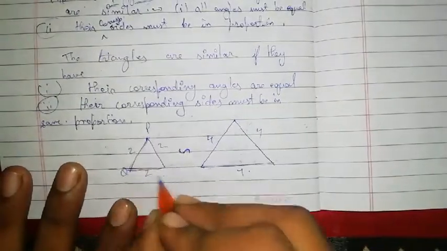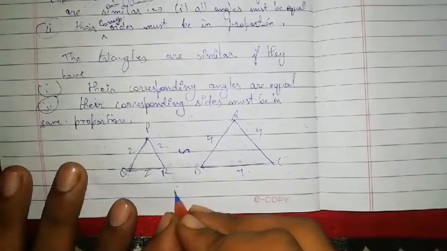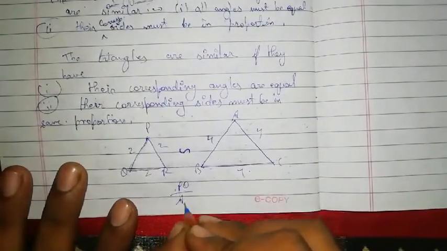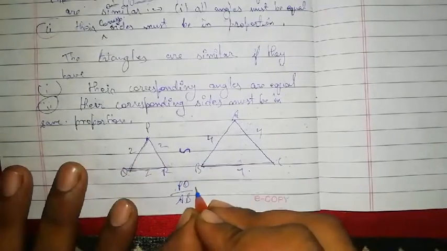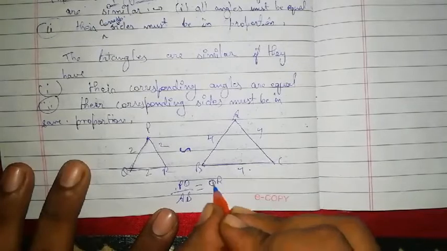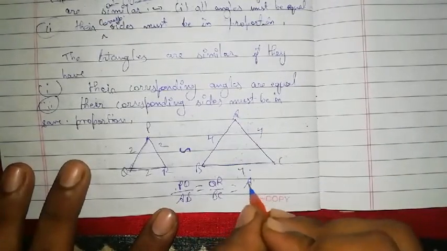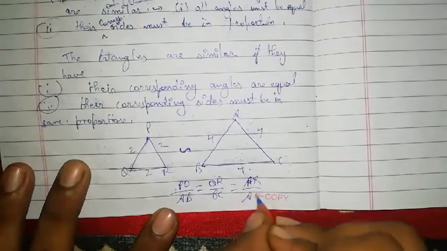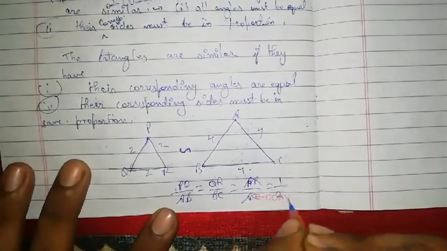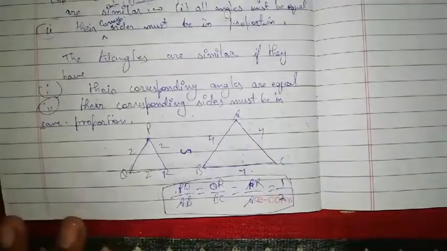This is P, Q, R. This is A, B, and C. So PQ upon AB is what? 2 by 4 is equal to 1 by 2, right. So QR upon BC and also PR upon AC, all these sides are in ratio 1 by 2, so these two triangles are similar to each other.